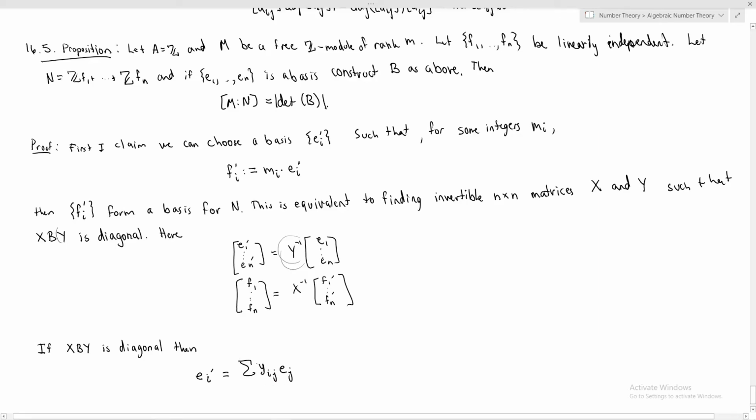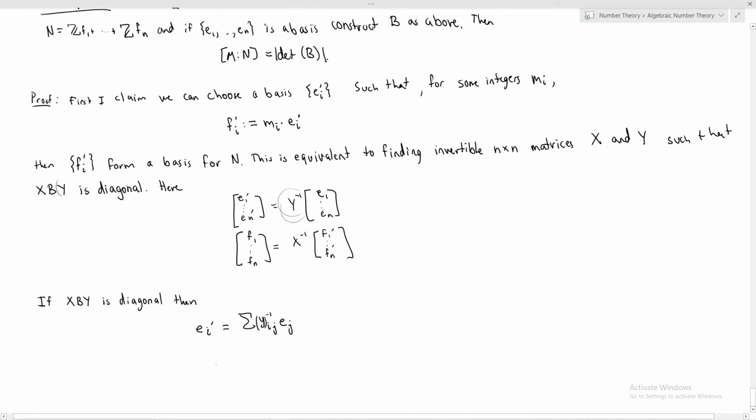Maybe I'll write y inverse sub ij. And similarly, f_i prime will be, instead of the inverse, just the regular x_ij f_j.